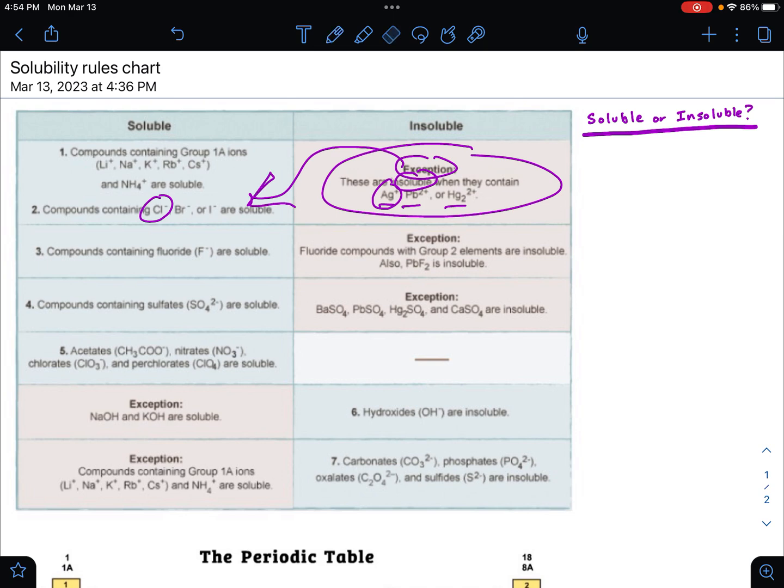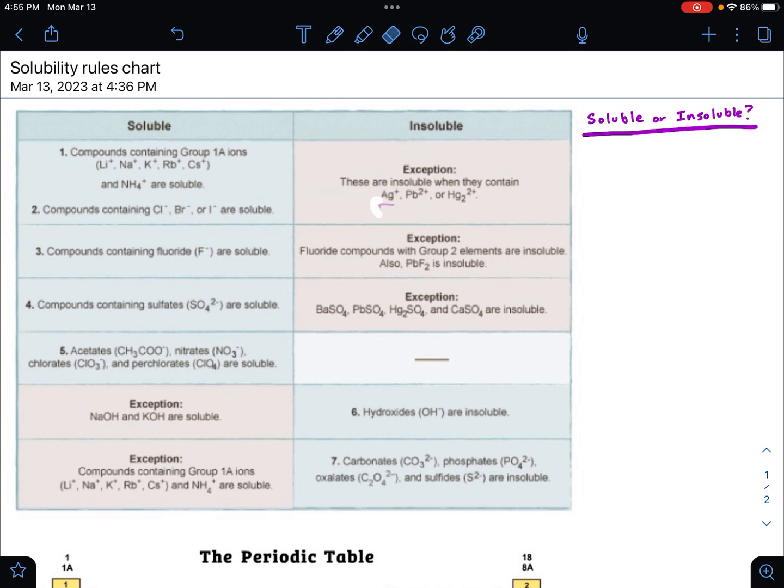Okay. All right, let's do a couple examples real quick, and feel free to pause the video as we do the examples. So number 1, the game is soluble or insoluble, so you have to figure out using the chart if this compound is soluble or insoluble. The first one is potassium chloride, soluble or insoluble.